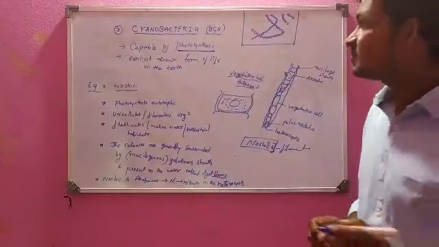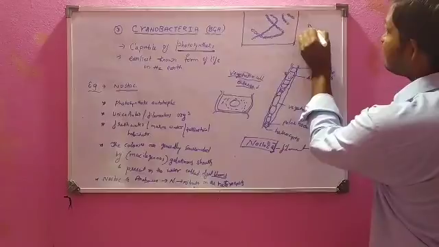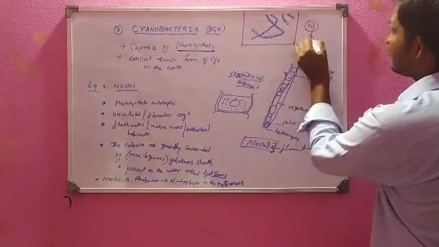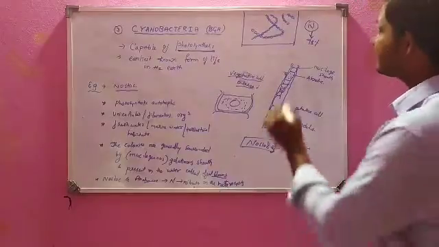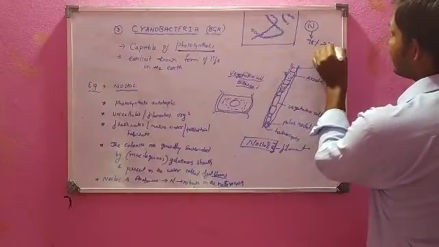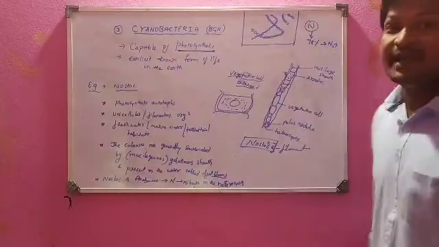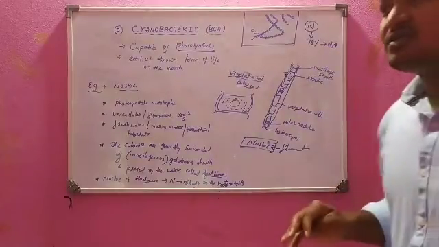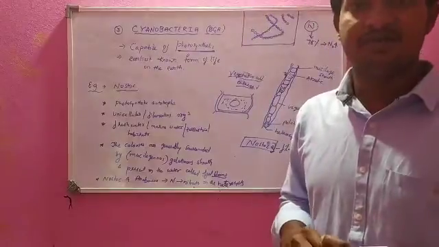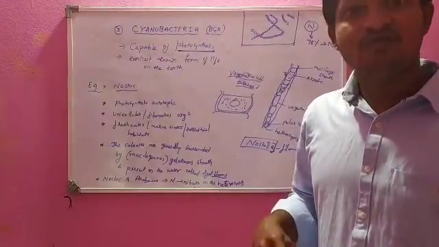In the atmosphere, 78% nitrogen is present in the form of N2 gas. That nitrogen is a major nutrient for the growth of organisms.